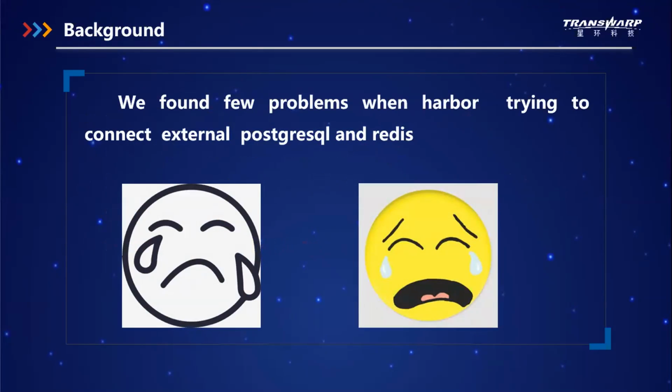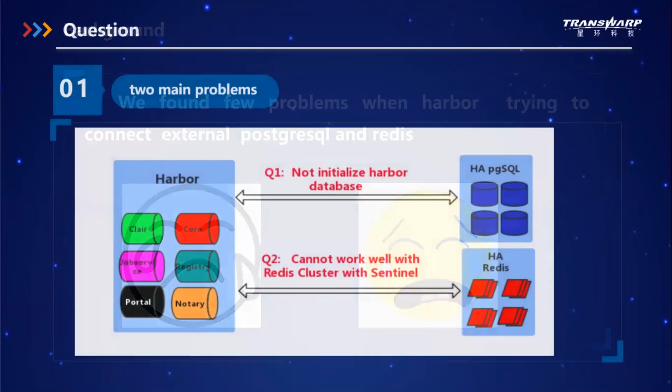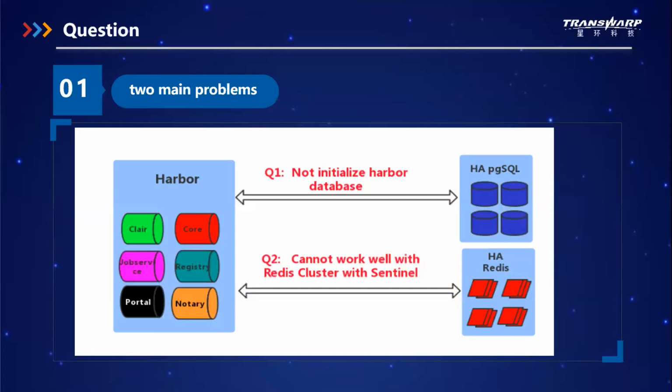But we found a few problems when Harbor tries to connect to the internal PostgreSQL cluster and Redis cluster. There are two main problems. First, Harbor does not initialize the Harbor database using internal PostgreSQL.